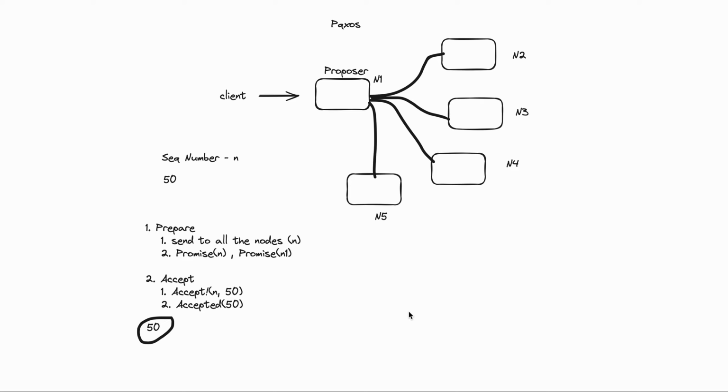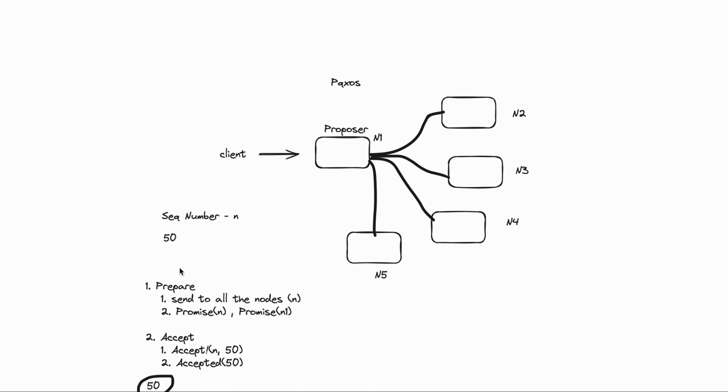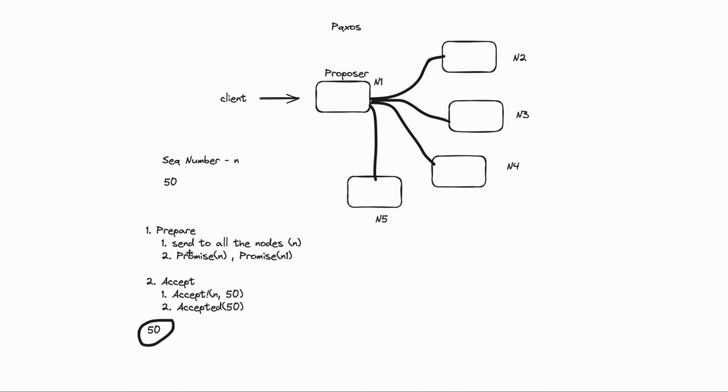Once again, how Paxos works. The proposer has two phases, prepare and accept. In the prepare phase, it will send the request. Proposers send the request to all the acceptors. These nodes are called acceptors. Once an acceptor receives the request with a number, and if it is higher, it will return the promise.